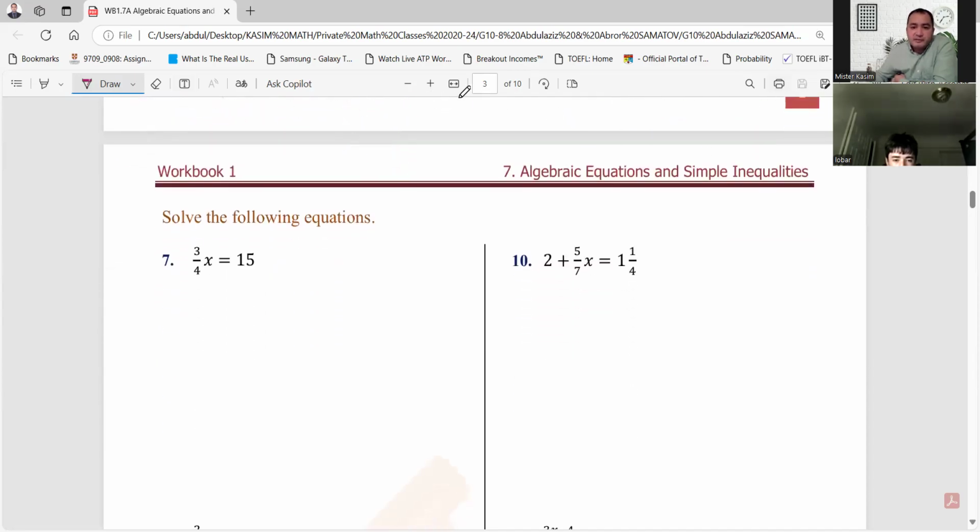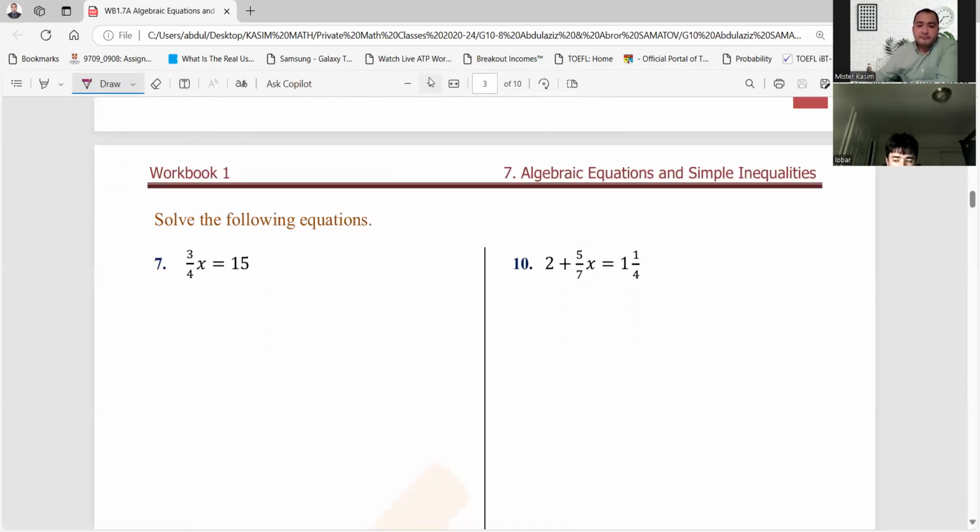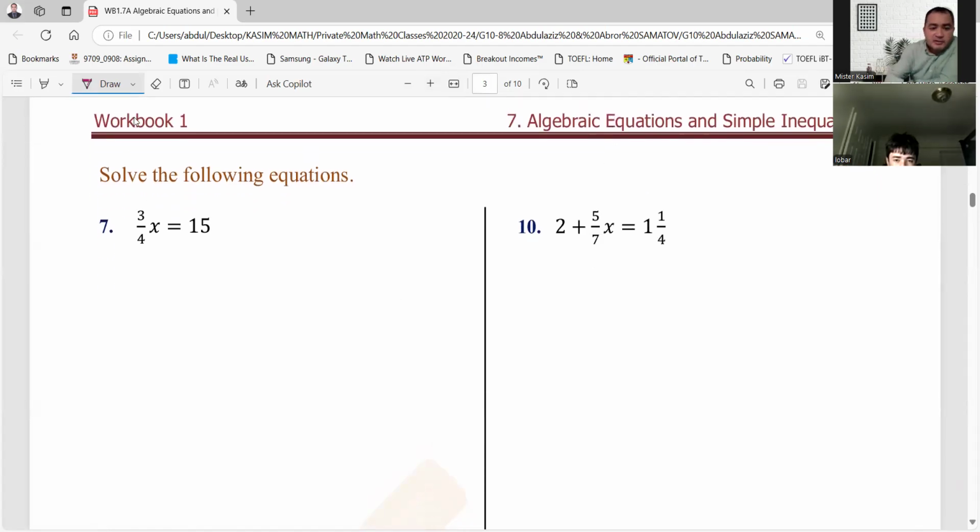So we call that manipulation of math. Now here, for example, it's 3 over 4 x times 15, right? Now mentally multiply both sides by 4 over 3. So I have x is equal to 15 times 4 over 3. That means 15 times 4 over 1 times 3, because instead of 15, I can write 15 over 1, right?